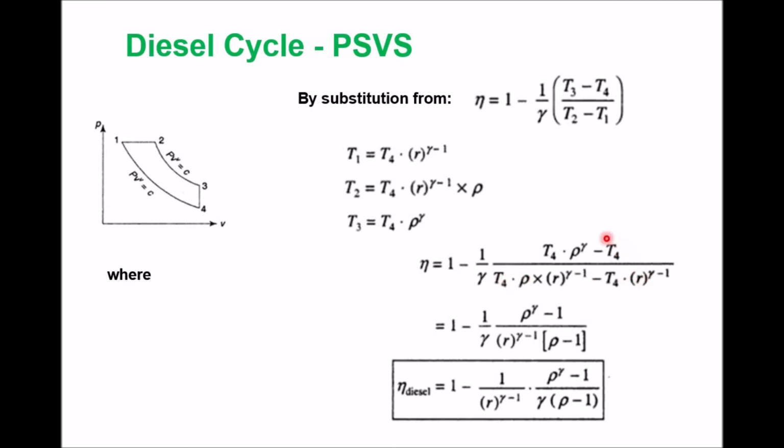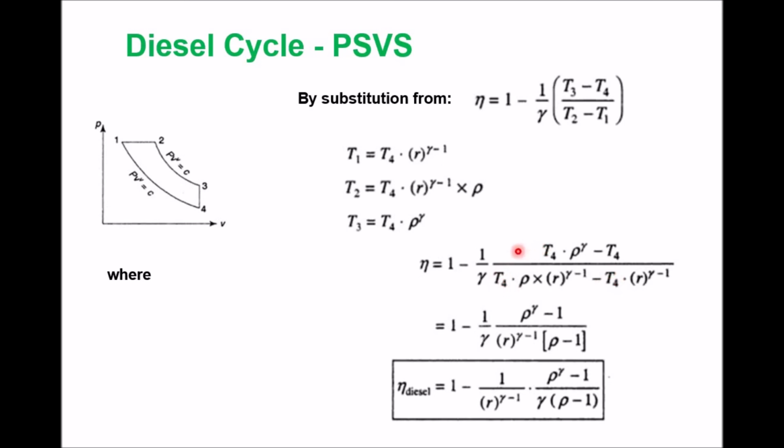So what remains is the factor rho raised to gamma minus 1, then also this one here. What remains is rho times r raised to gamma minus 1 minus r raised to gamma minus 1, because T4 also cancels out.